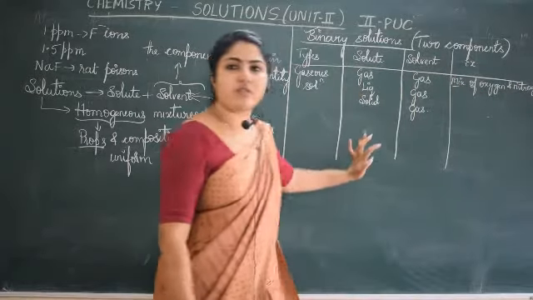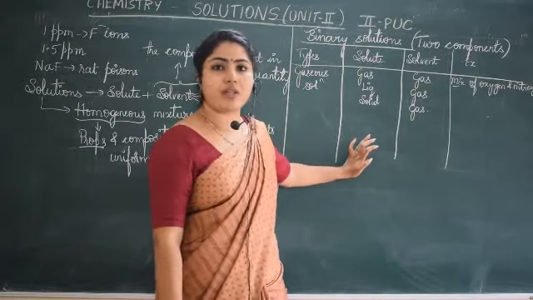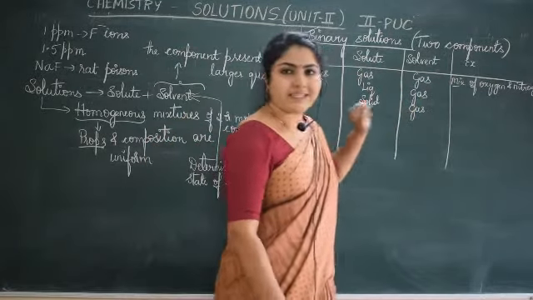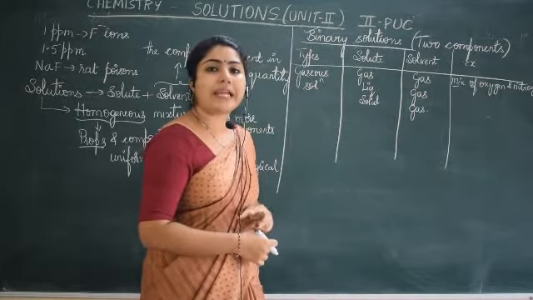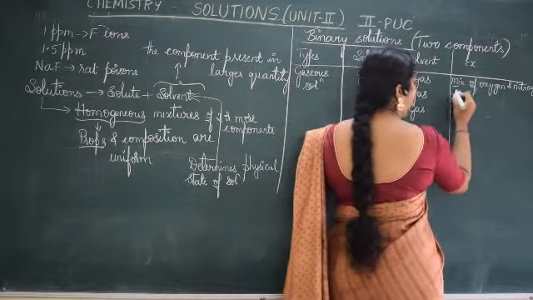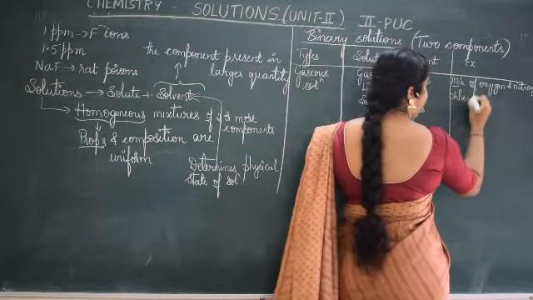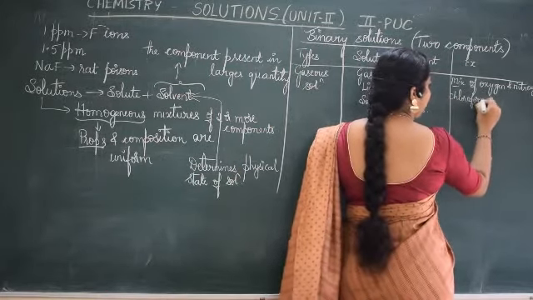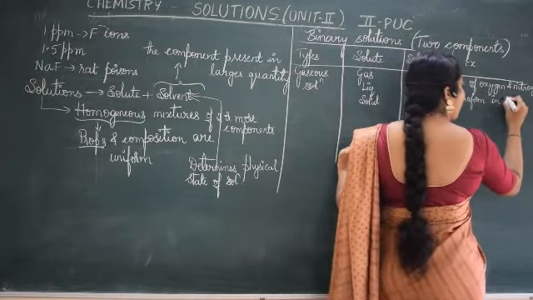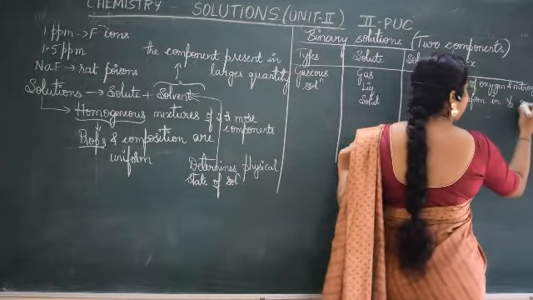Which type of solution? Gaseous solution. One is liquid, one is gas: chloroform in nitrogen gas. What is the formula? CHCl3. Chloroform dissolved in nitrogen gas.